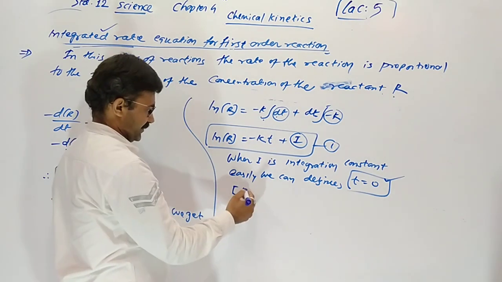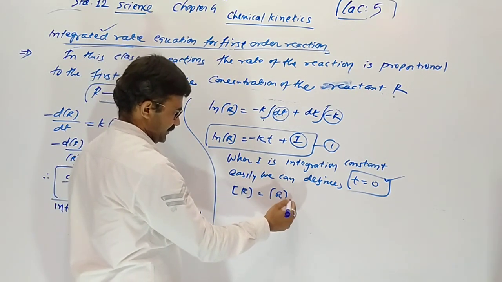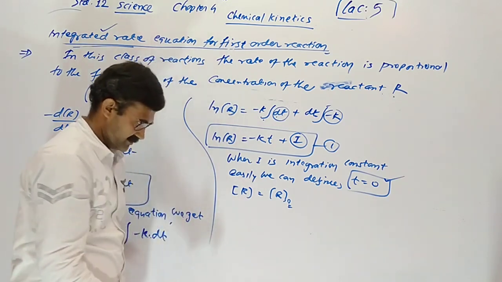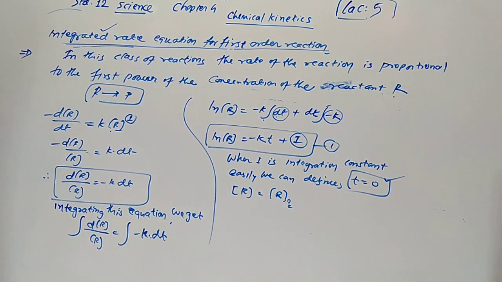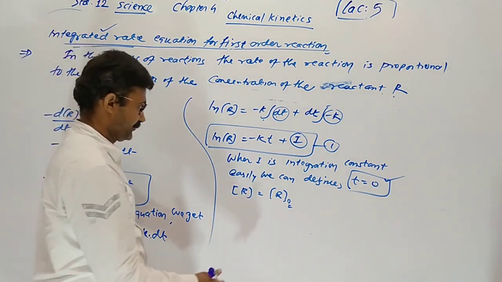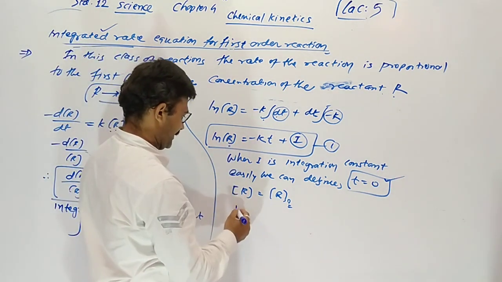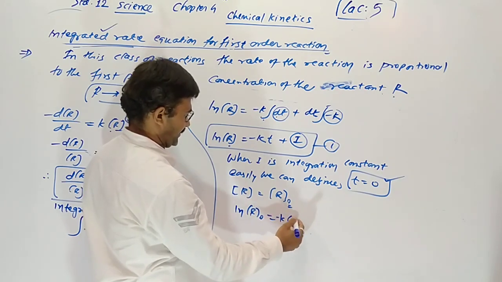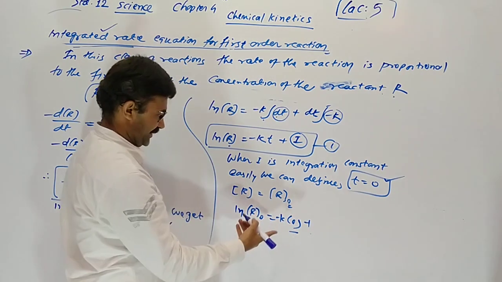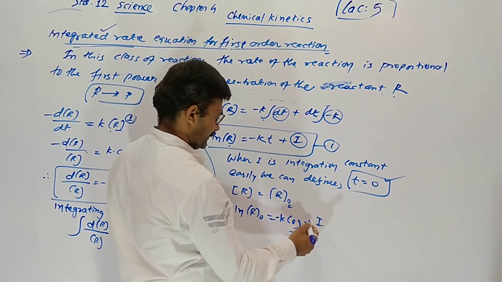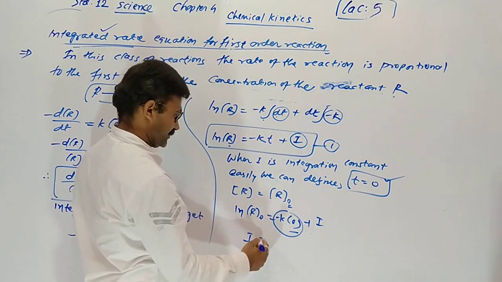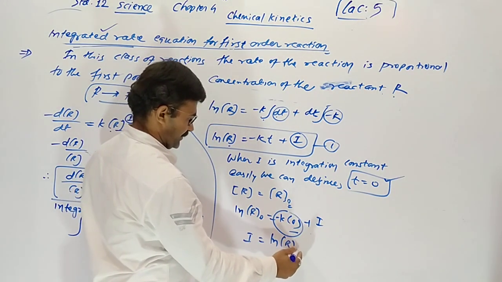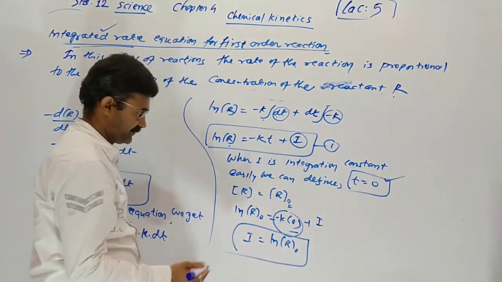So concentration R will be R0. 0 means origin. Suppose the initial concentration is R0. So here it should be ln R0 at 0 time. The reaction is just started, so this became 0. So the value of I is ln R0.